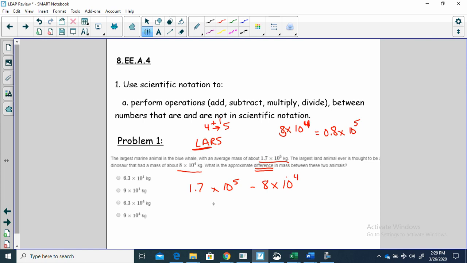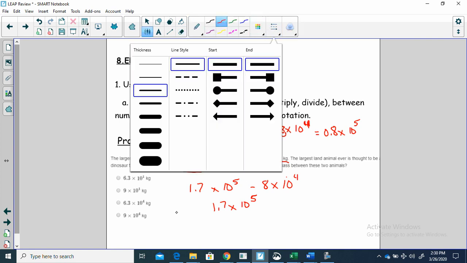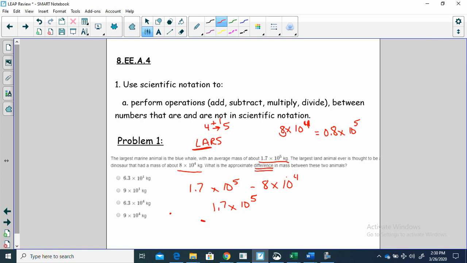Okay, so let's set this up. 1.7 times 10 to the 5th, and we're going to subtract 0.8 times 10 to the 5th.